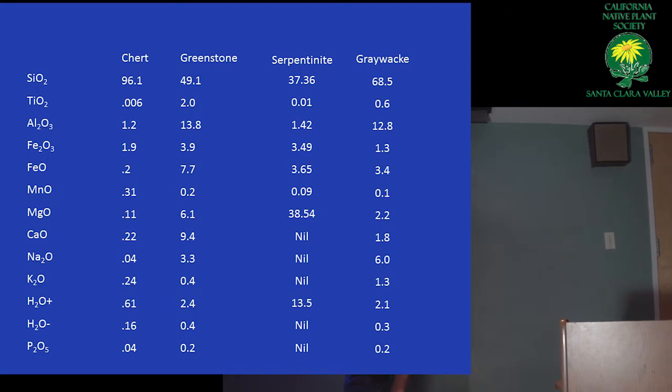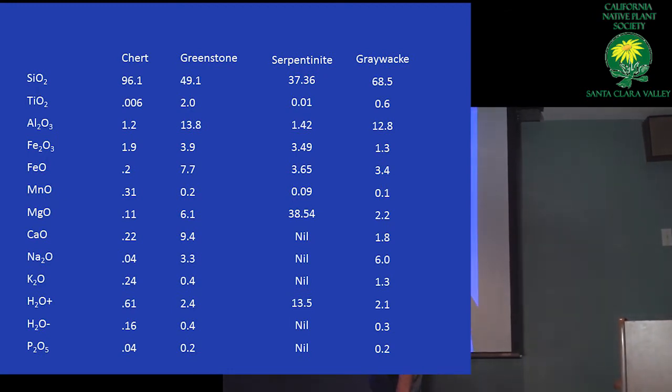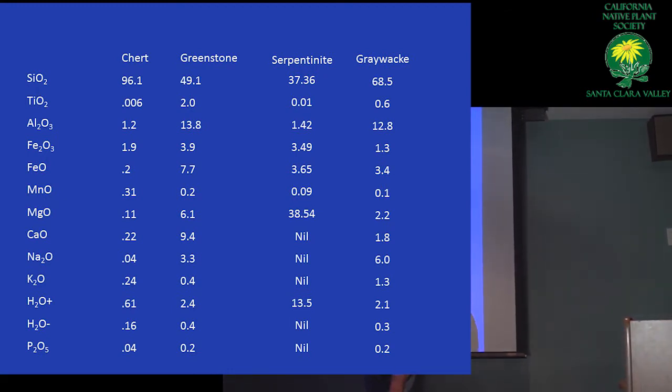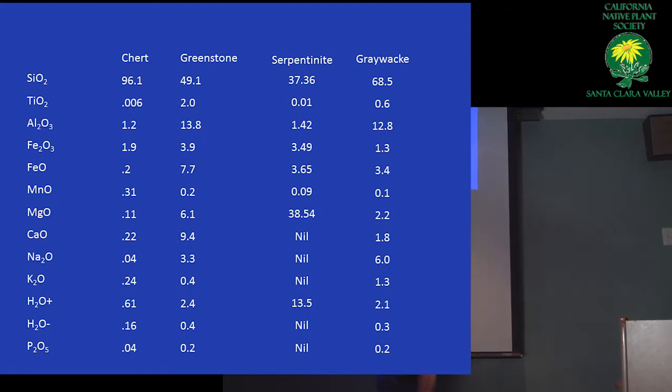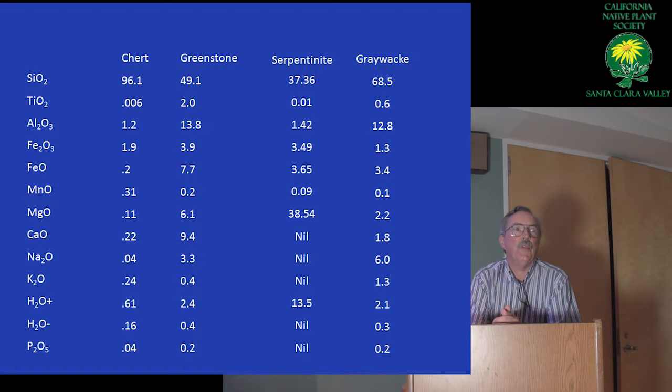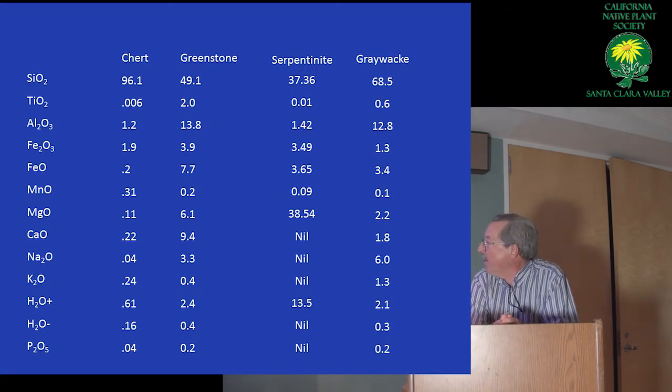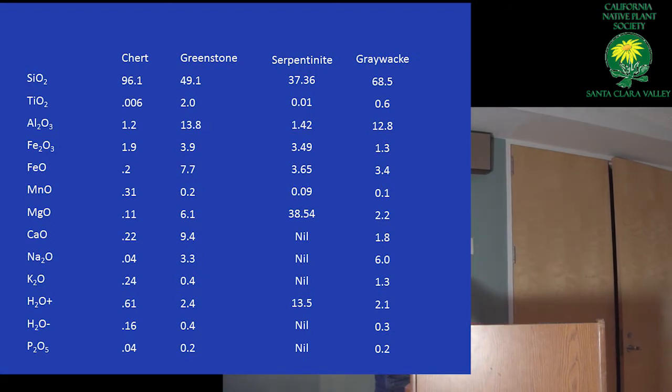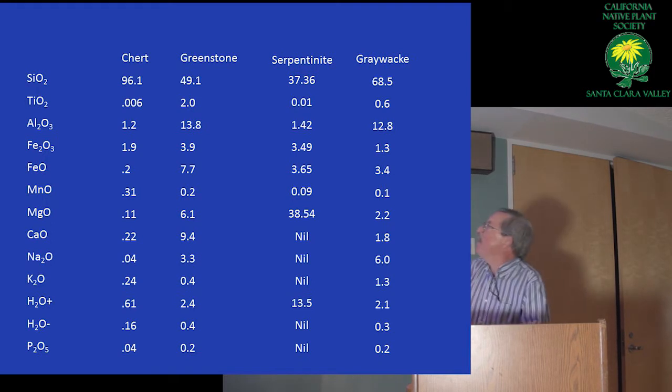Greenstone is one of the more interesting ones. It has a fairly good potassium level, good calcium, magnesium ratio, has a nice amount of iron, has enough silica to form a soil, has a fair bit of phosphorus. So greenstones are one of our better places for looking for plants in the Franciscan. Greywackes are also pretty good. Cherts are a little bit depleted.